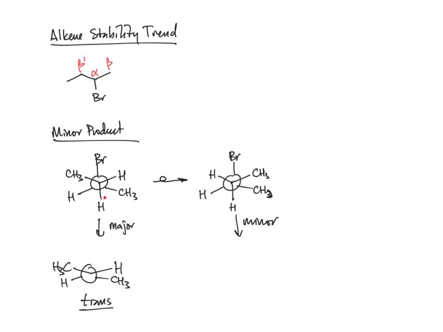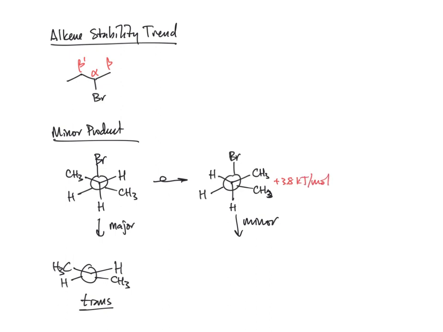Again, the reason that this becomes the major product is because this conformation is more preferred. Why is this less preferred than that? So you have these gauche methyl groups. Remember that that's an energy penalty that you have to pay in that conformation. We were calling that, I believe, 3.8 kilojoules per mole.